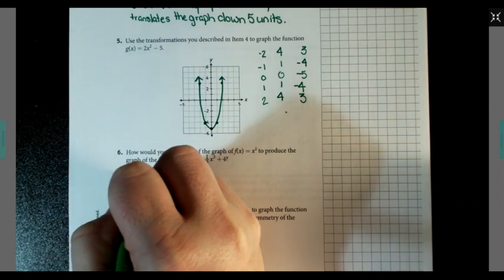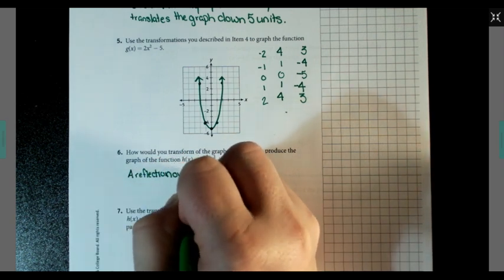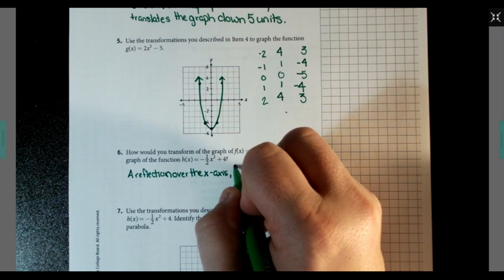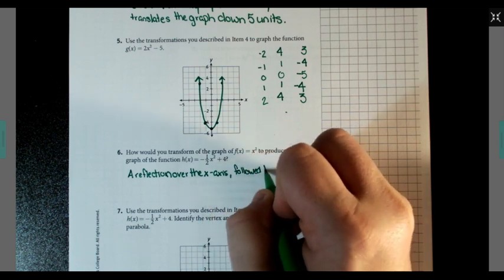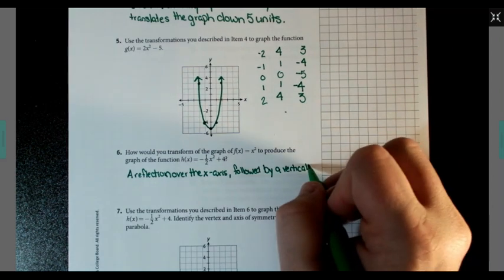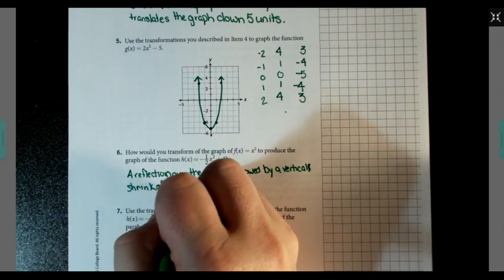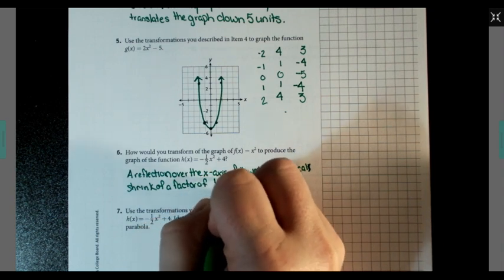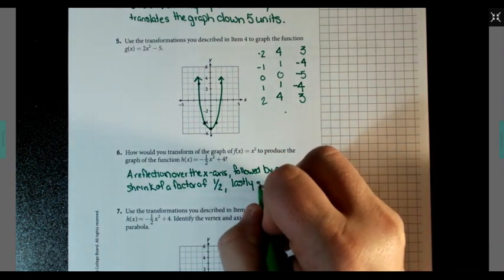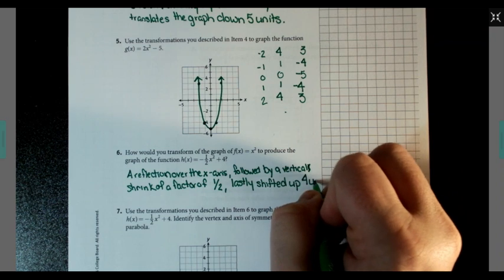So we've got a reflection over the x-axis, followed by a vertical shrink of a factor of 1/2. Lastly, shifted up 4 units.